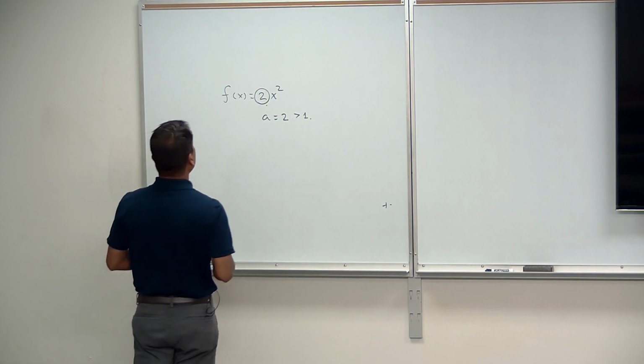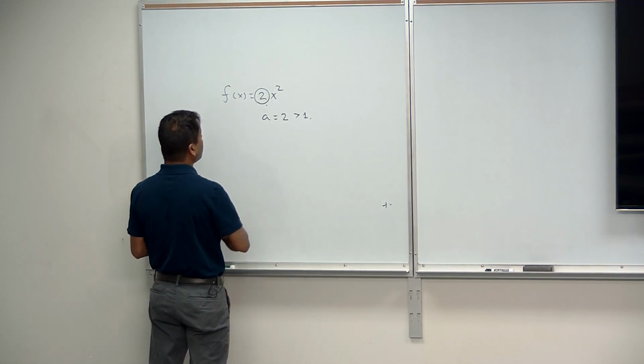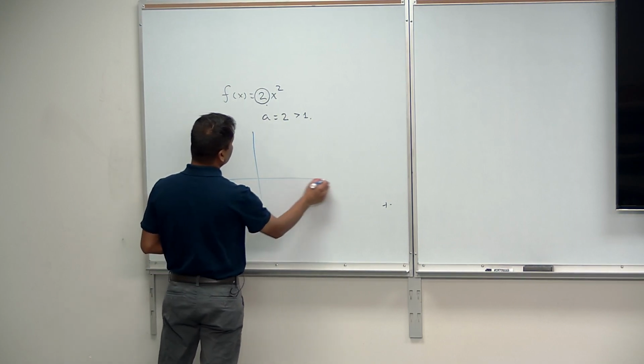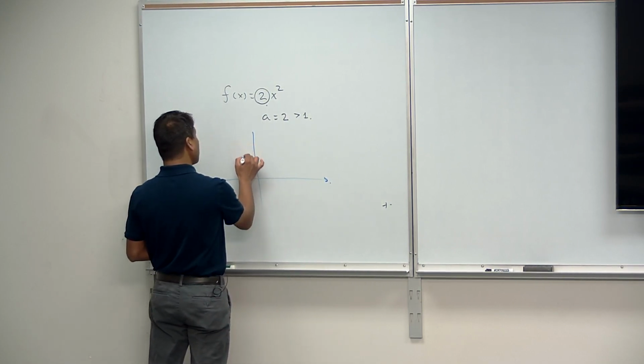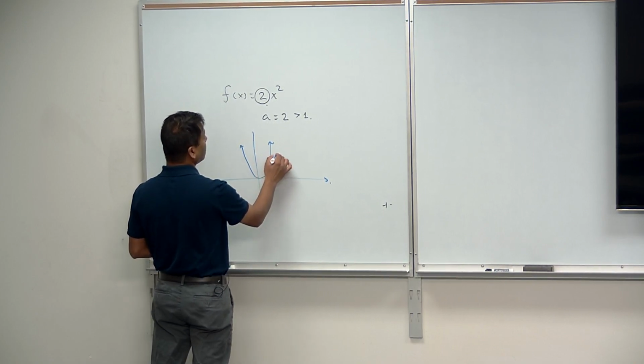So if you draw the graph of f(x) equal to x squared, you guys know that it's something like this. Is that right? So let's say this is f(x) equal to x squared.